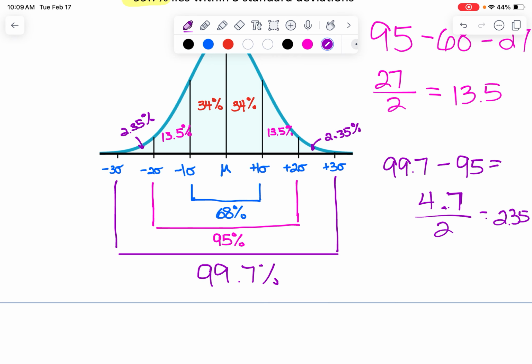All right, so now what do we have left? If we have 99.7% within 3 standard deviations, then what do we have left at the very ends? Well, that would be 0.3%, right?